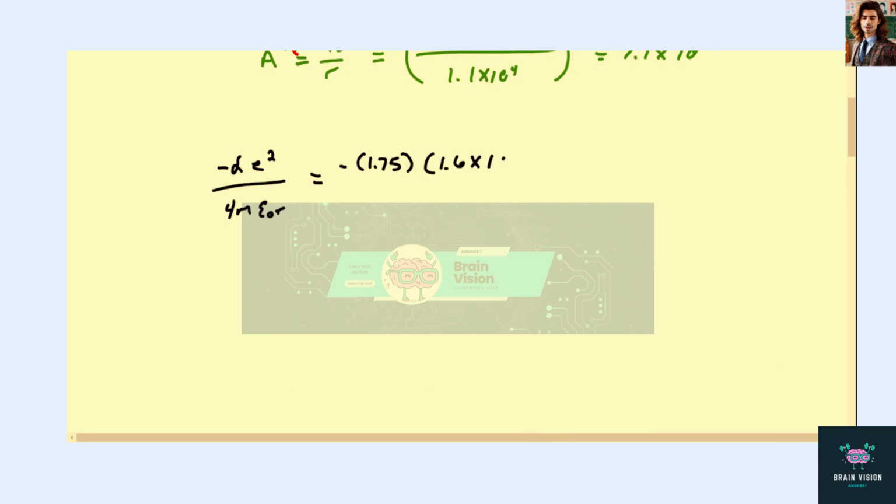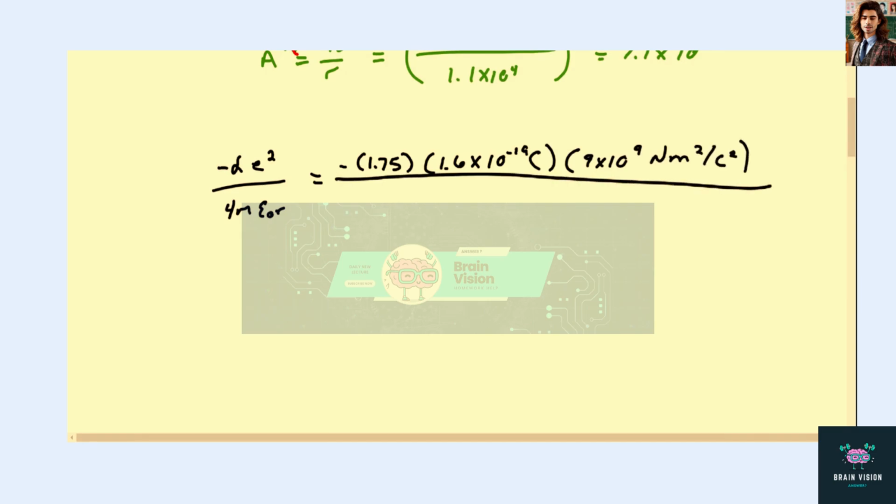We have 1.6 times 10 to the negative 19 C, 9 times 10 to the 9th N·m² over C², times 0.281 times 10 to the negative 9 meters. And from here we get negative 8.97 eV.